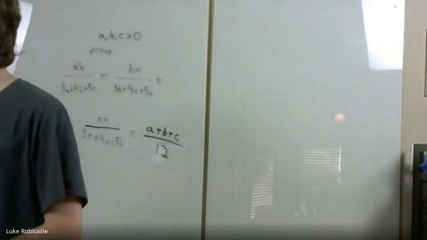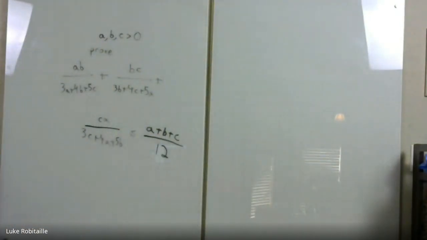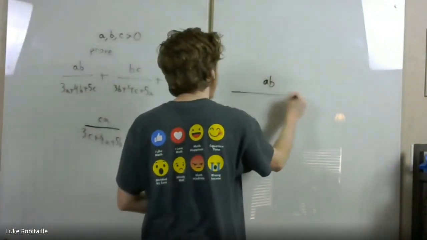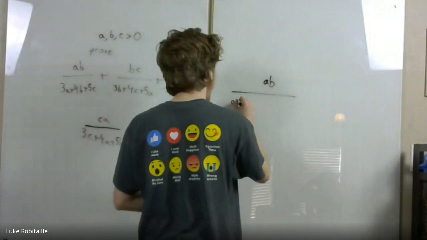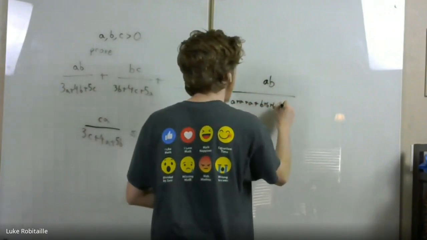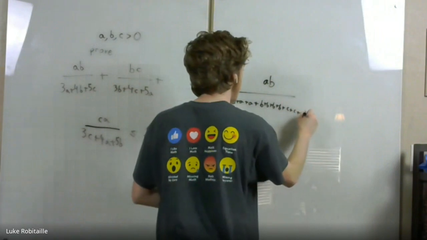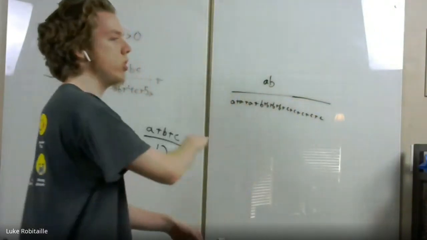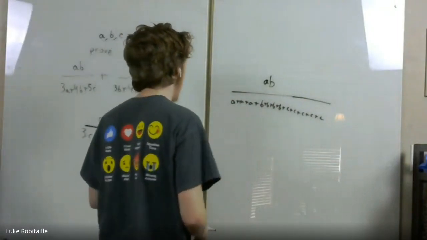If we were to make a first try at applying this, we could write A plus A plus A plus B plus B plus B plus B plus C plus C plus C plus C plus C. You could probably eliminate having to write it multiple times if you took appropriate weights.